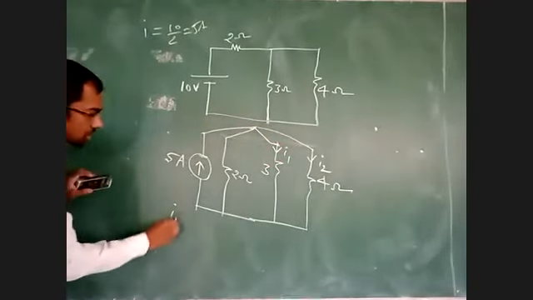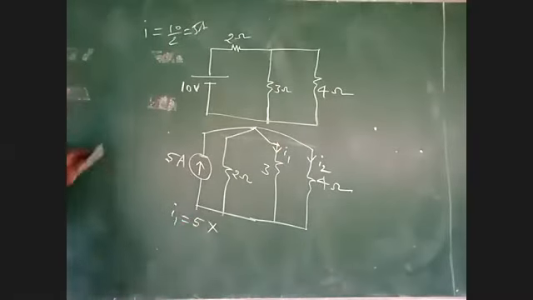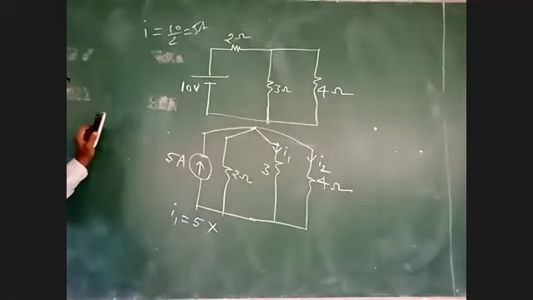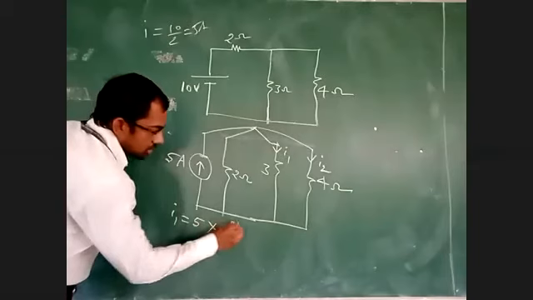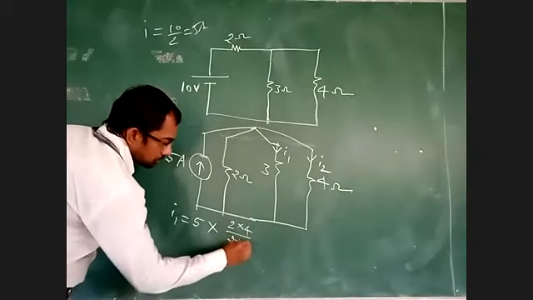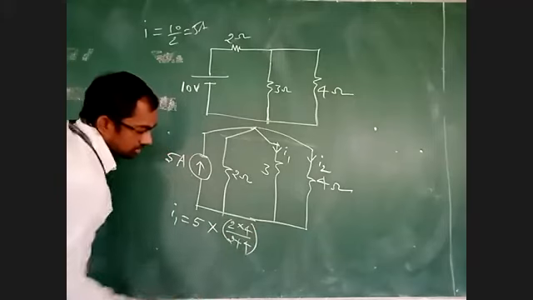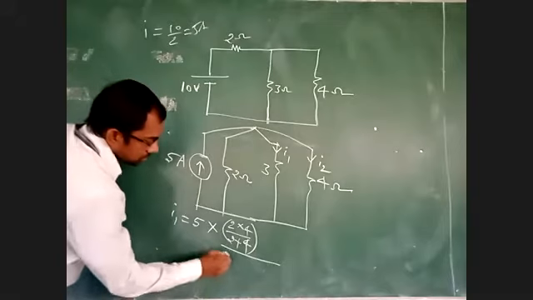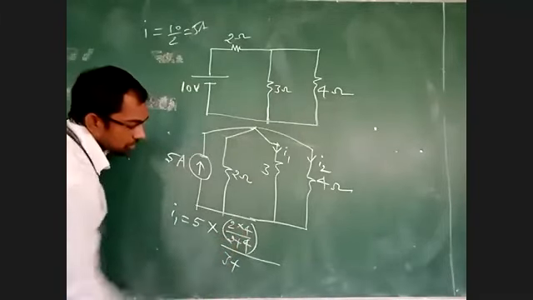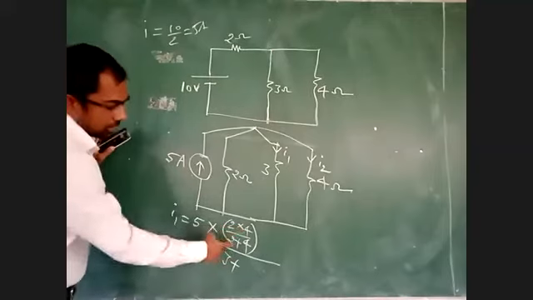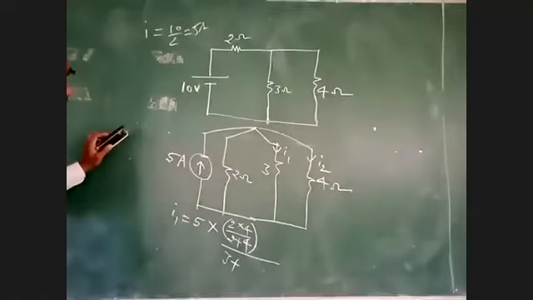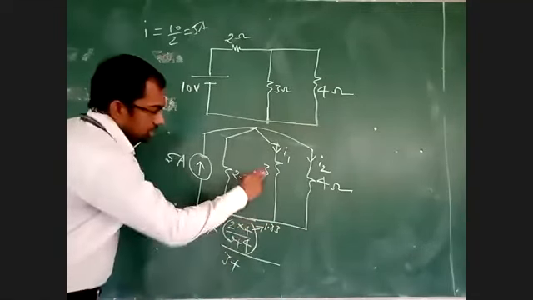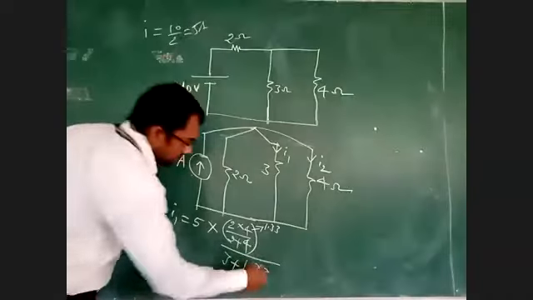Therefore I1 is equal to total current into, what is the opposite branch for I1? 2 into 4 by 2 plus 4, how much? 8 by 6, that is 1.33. That is 3 plus 1.33.